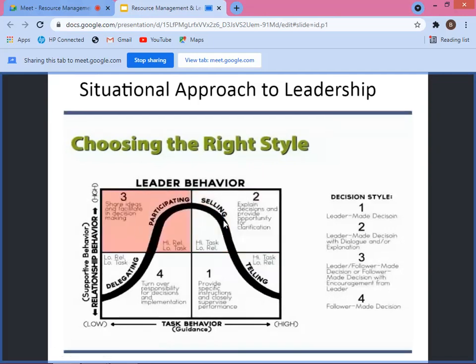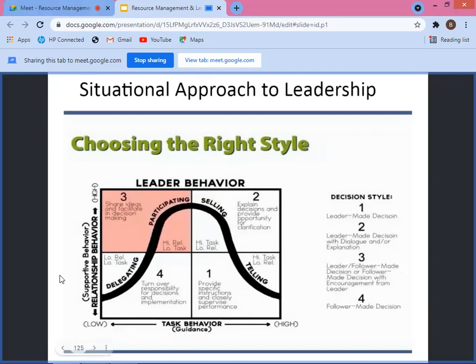Then the curve goes up and comes down. Share ideas and facilitate in decision making. This is high relationship and low task. This is follower mode decision with encouragement from the leader. The leader is only doing encouragement.